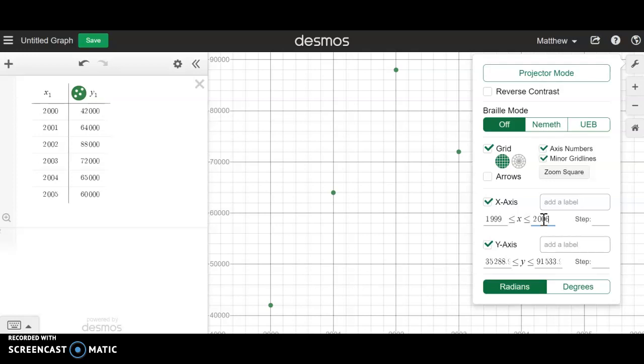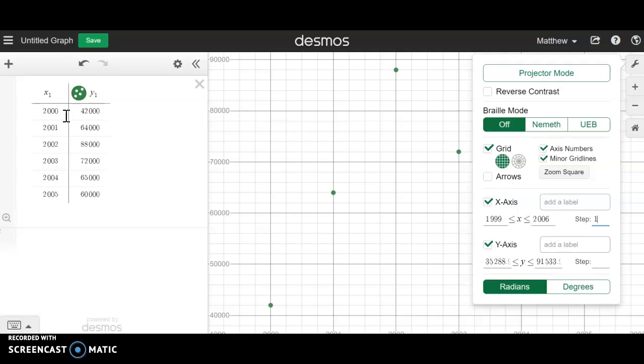Last thing is we have this step. Step means how much do you want it to increase by: ones, by twos, by tens, by hundreds. We look at our x-axis. They're only a few points off from each other, so we're going to make our step 1. This will make it go 2000, 2001, 2002, and so on.